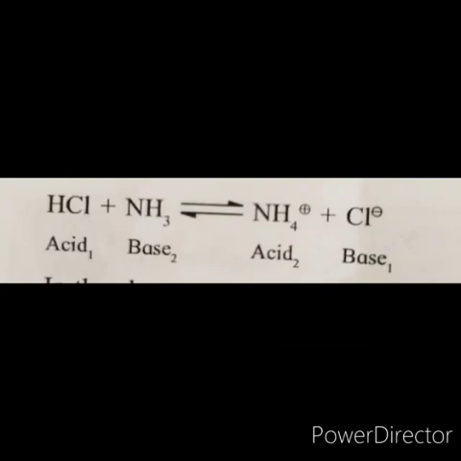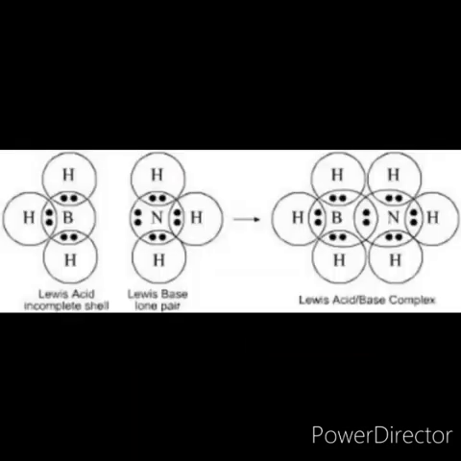In this, HCl is an acid and NH4+ is an acid, NH3 is a base and Cl- is a base. The third example is the BH3 and NH3 molecule for Lewis theory. In this reaction, BH3 acts as a Lewis acid because it accepts a shared pair of electrons, and NH3 is a base, donating a shared pair of electrons.